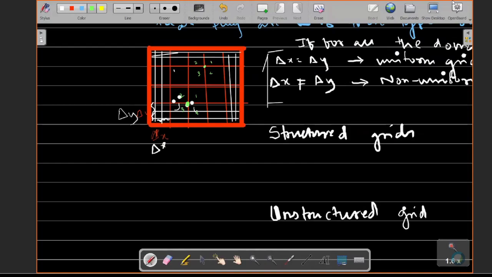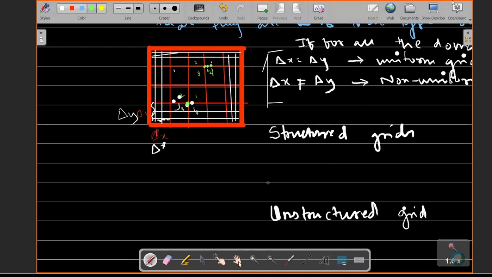So it is a nicely structured arrangement, there is a particular structure involved, every node has some unique ij location, and neighbors are proper. But in case of unstructured grid, that is not the case.